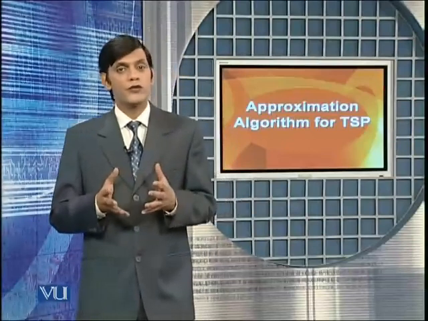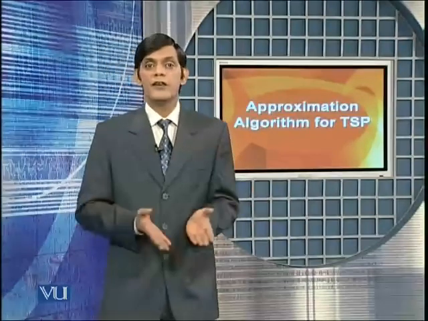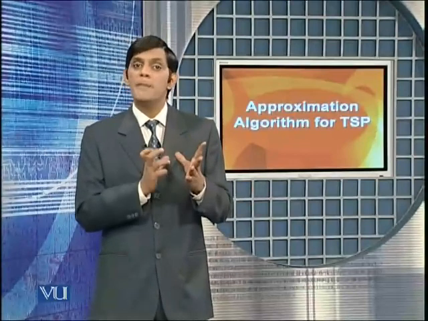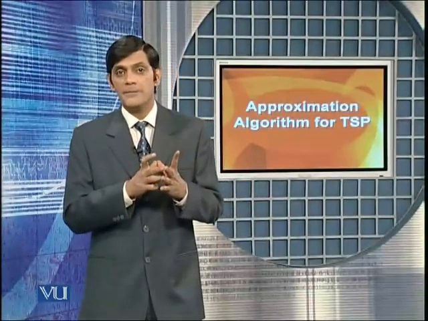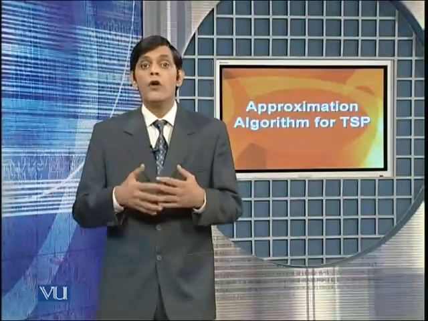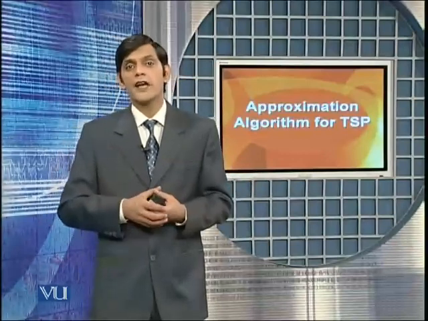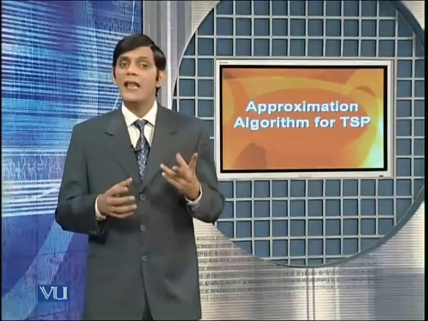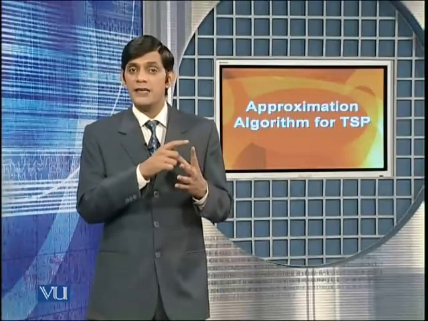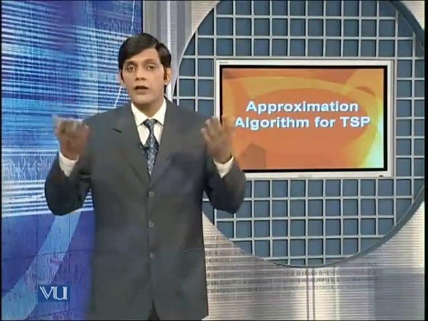However, when you try to shortcut, two things can go wrong. Firstly, if you're talking about a general graph, if there is an edge from A to B and then B to C, there may not be an edge from A to C. In other words, the graph may not even have a Hamiltonian cycle. So let's even assume that the underlying graph that we're working on is a complete graph. Well, in that case also, when you shortcut, when you go from A to B and then B to C, instead you take the edge directly from A to C, its cost can just go up.